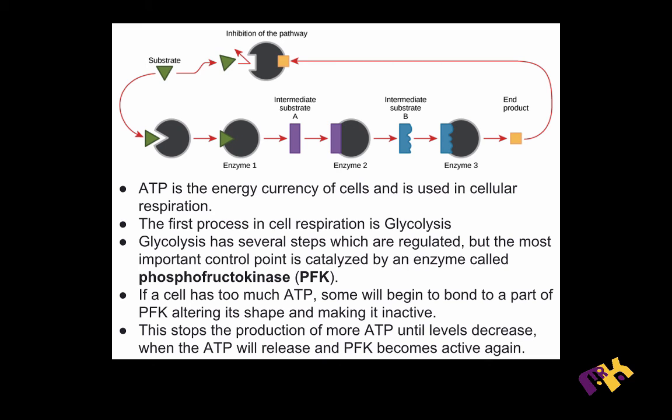There are many enzymes that work along the way that pass one product to the next step in the sequence. All right? But it's important that we understand from all of this that we regulate ATP, the energy currency of a cell, by feedback inhibition, which is a type of non-competitive inhibition that controls the amount of ATP being produced.